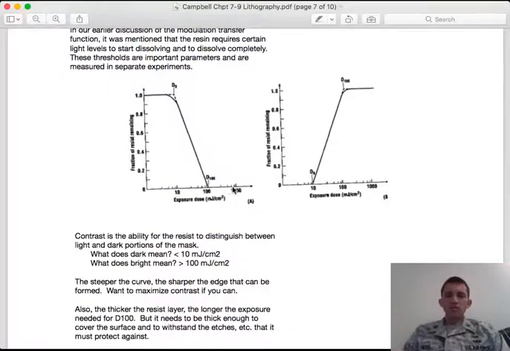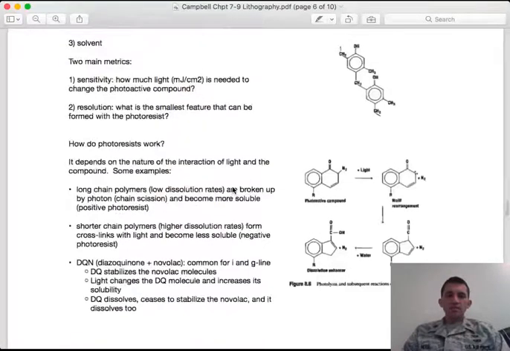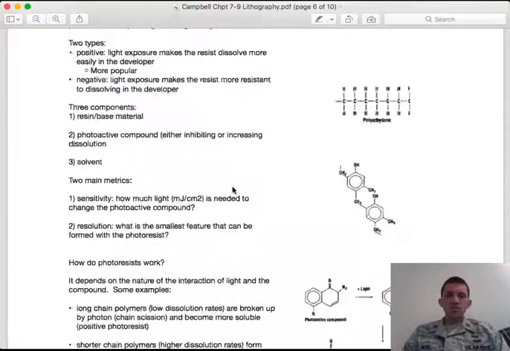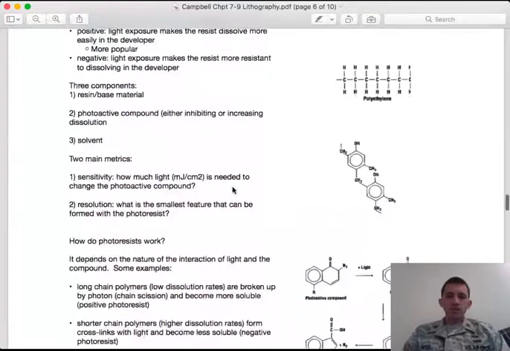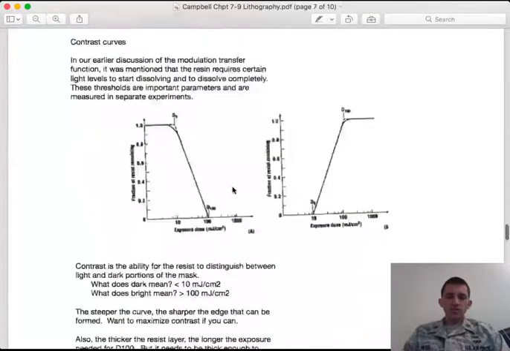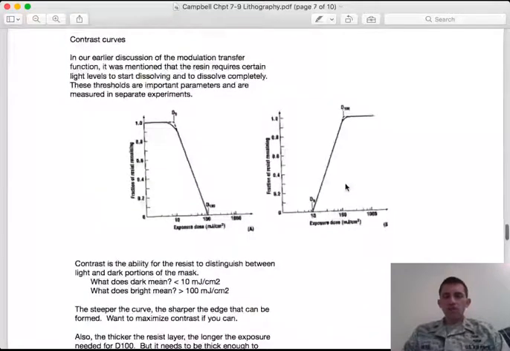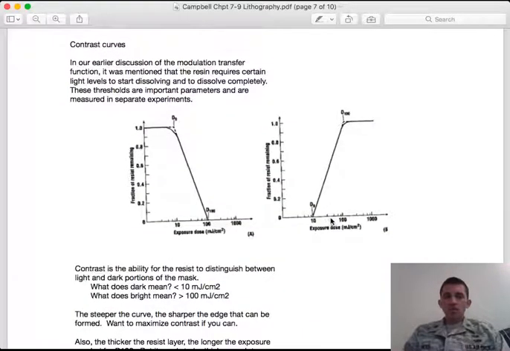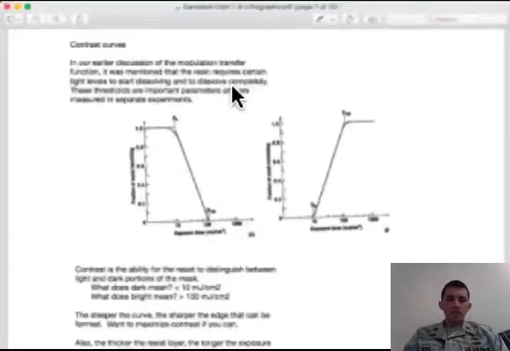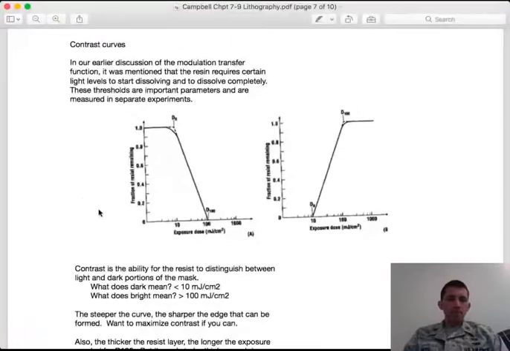So increasing the exposure has increased the solubility, which is a positive photoresist. And conversely, we would have a negative photoresist where increasing the light exposure increases its resistance to being removed. Okay.